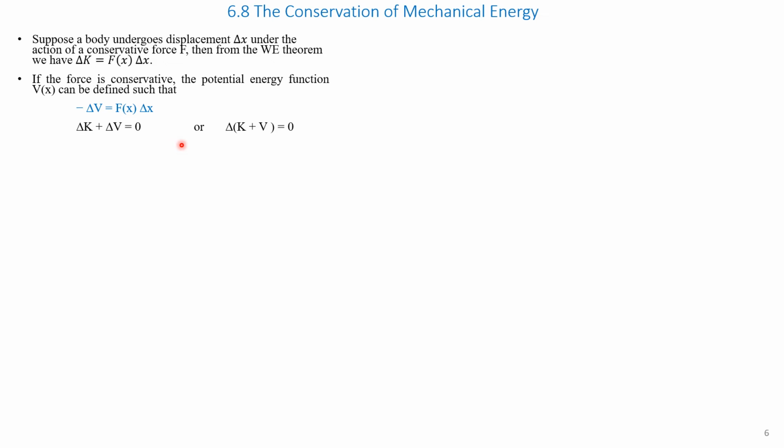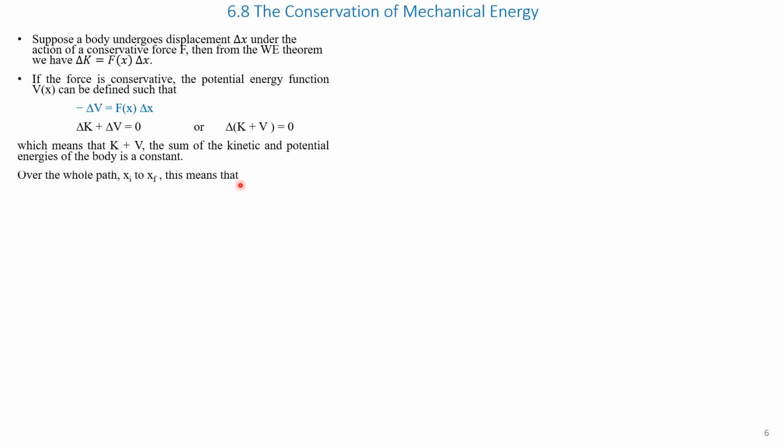or delta of K plus V is equal to 0, which means that K plus V, that is kinetic energy plus potential energy, the sum of kinetic and potential energies of a body, is constant over the whole path xi to xf.